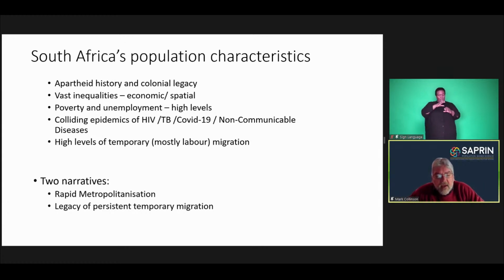One narrative is a very popular one, rapid metropolitanization. And when I hear people planning, whether in Gauteng or whether in rural areas, there is almost an anxiety around the extent to which the metropolitans are growing. We want to dig into that. But to what extent is this temporary? We have a persistence of temporary migration.